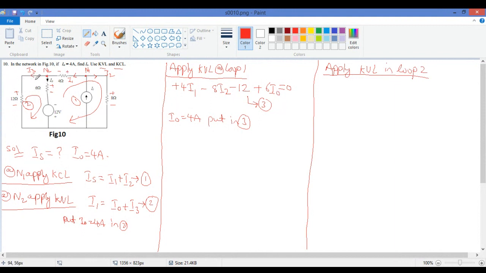Suppose I am starting from here, then minus 6 I naught, then plus 12, then here you have I3, so plus 12 I3 is equal to 0. So now all of you please understand this. Let us erase this.